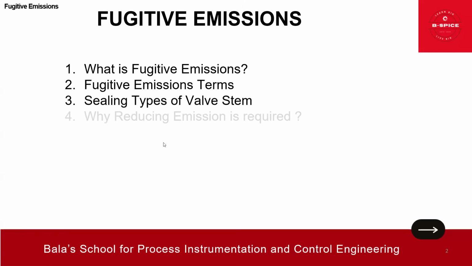Then the subsequent session will focus on why reducing emission is required, thermal leak risk mitigation, and fugitive emission testing standards. Then in the following session, I'm going to come out with the various testing methods in line with each standard. Okay, so that's the agenda.